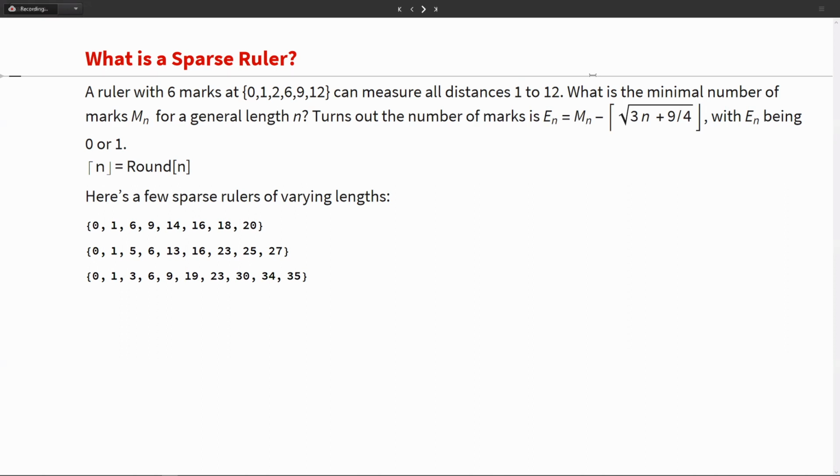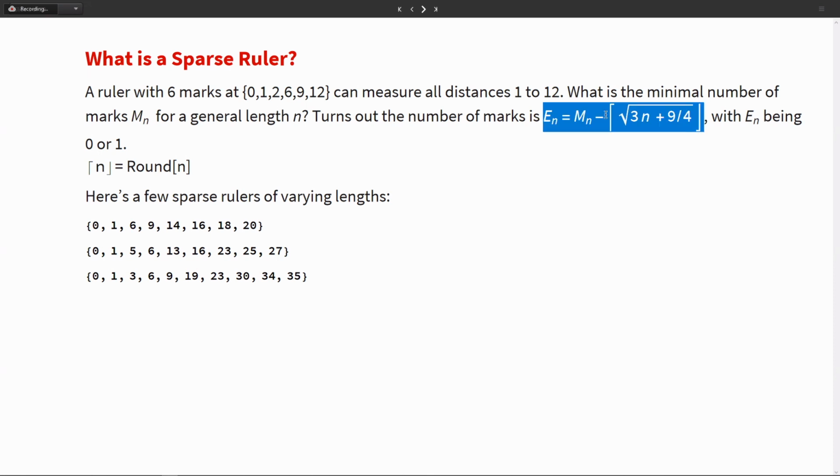One of the questions from the 1930s was, what is the minimal number of marks for a general length? It turns out that it's this formula, the number of marks is equal to this with some excess, and e sub n is always 0 or 1 for all n.